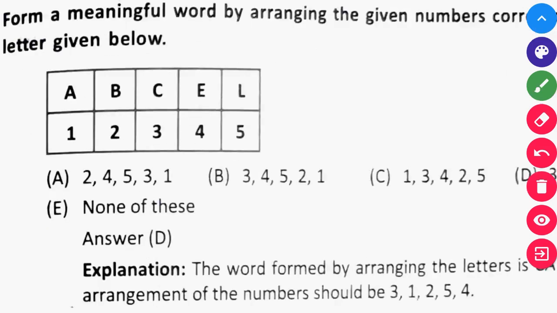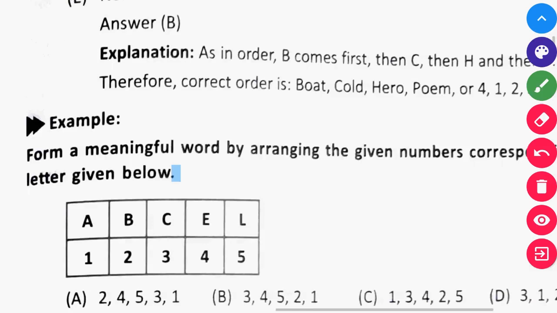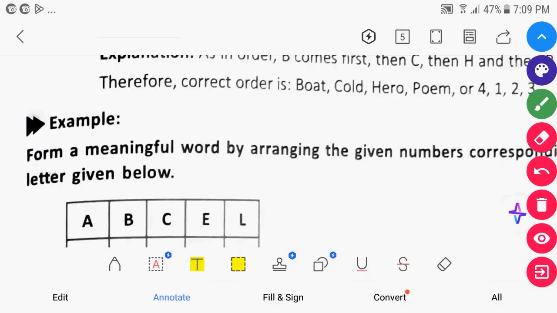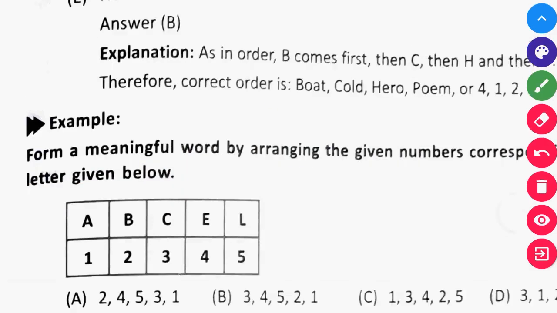Now again here some letters are given and a number is given to those letters, and you have to form a meaningful word from the letters. So the letters are A, B, C, E, L, and obviously the answer is given here, so you can identify the word is cable, CABLE.